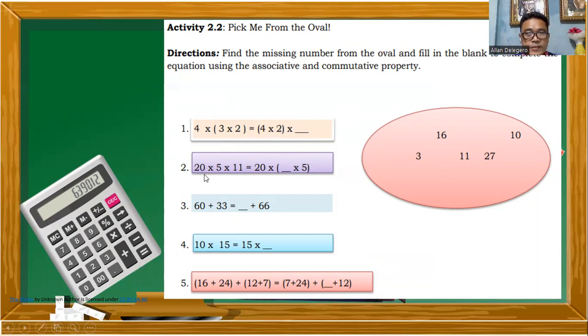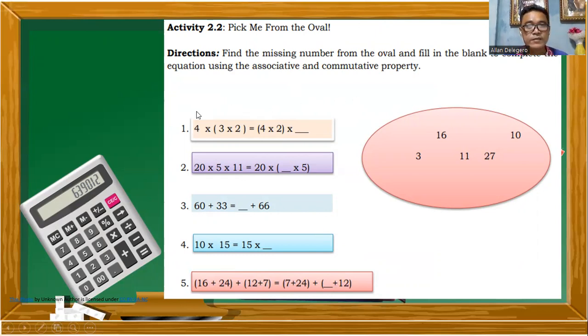Number 2, 20 times 5 times 11 equals 20 times blank times 5. Number 3, 60 plus 33 equals blank plus 66. Number 4, 10 times 15 equals 15 times blank. Number 5, 16 plus 24 plus 12 plus 7 equals 7 plus 24 plus blank plus 12.